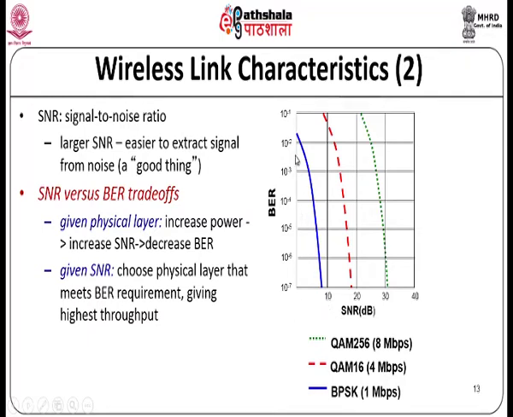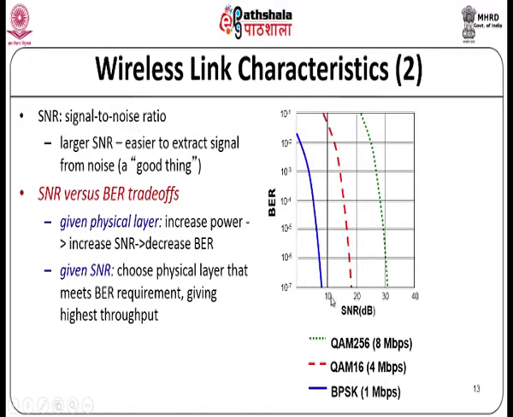As the SNR increases, the bit error rate decreases, because it is 10 power minus 2 when your SNR is low, but when your SNR goes towards 10, the bit error rate becomes about 10 power minus 7, which is far fewer bit errors occurring. So as the SNR increases, you have a change in the bit error rates.